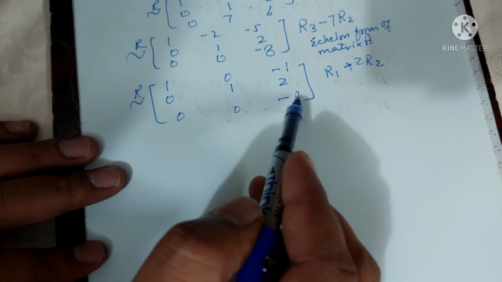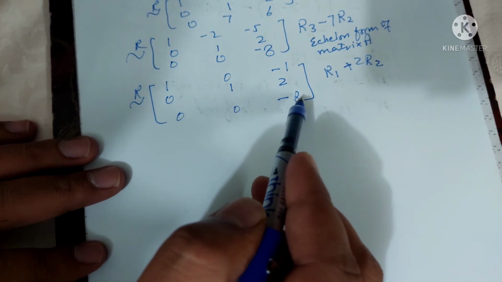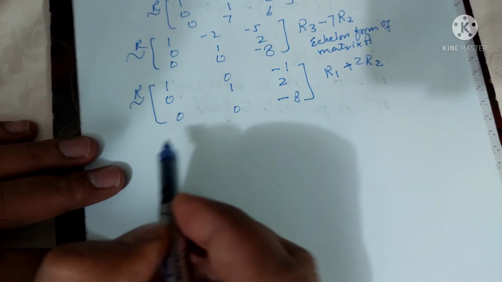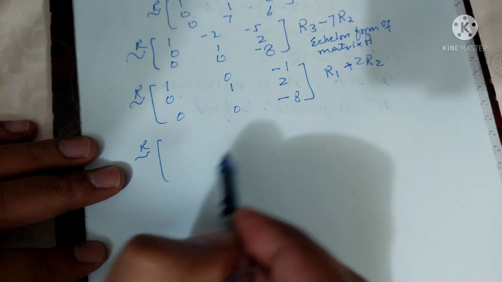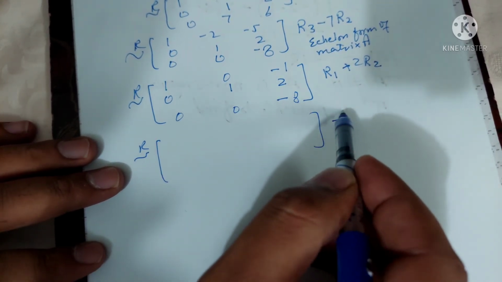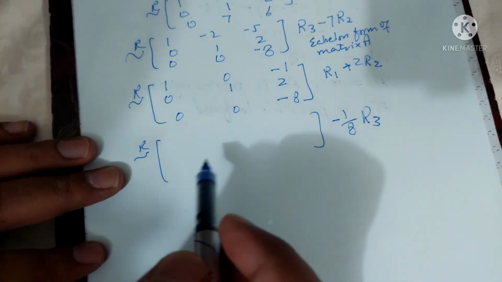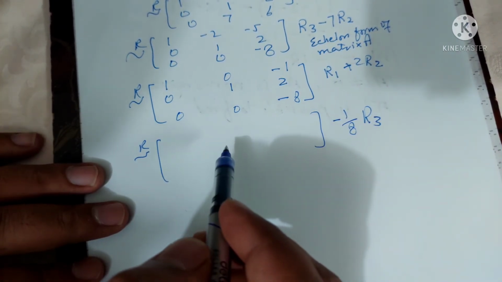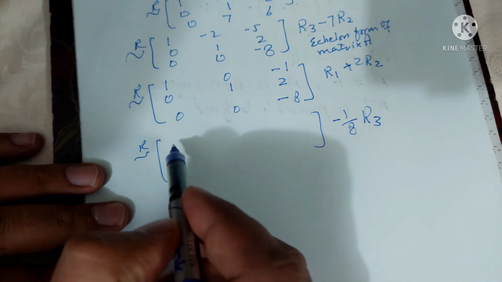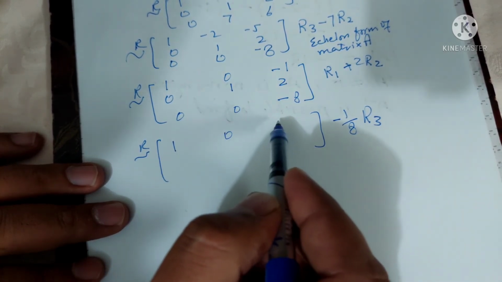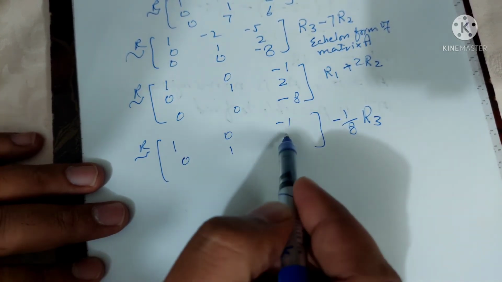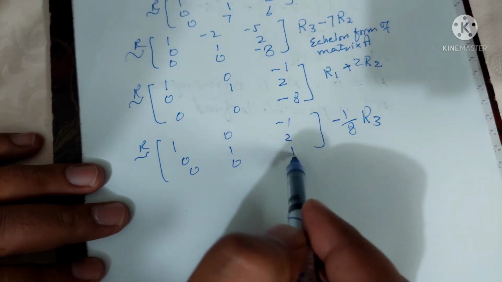Now we have to convert this minus 8 into 1. So how can we do it? I will write minus 1 over 8 R3, right? So multiply minus 1 over 8 with every element of R3. 0, 0, 1.